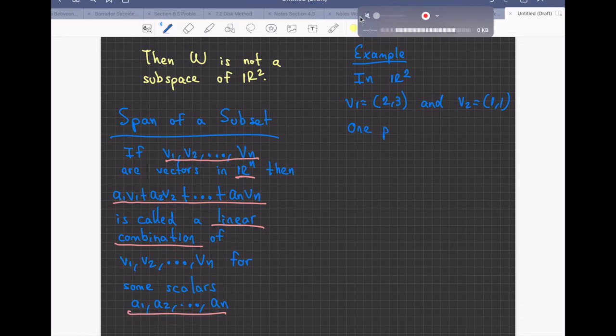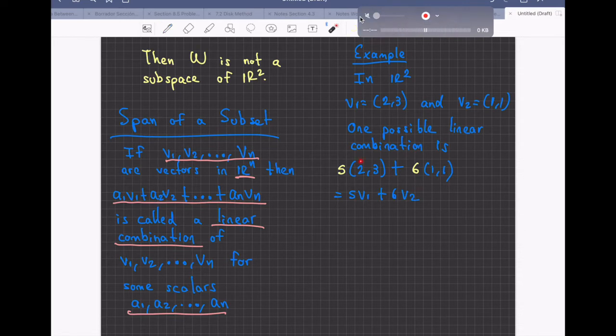So one possible linear combination is I can use 5 times (2, 3) plus 6 times (1, 1). So notice, this is 5 times b1 plus 6 times b2.